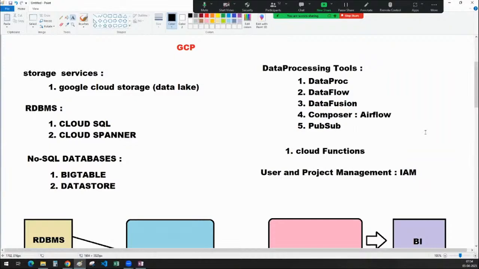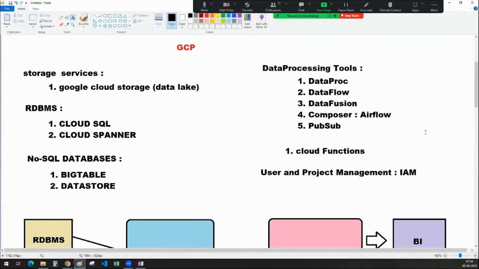In IAM, what is a user account, what is a service account, what is a role, what is a permission, each and everything, because this will be very helpful for those who want to manage access. With 3 or 4 years of experience or more, we need to understand at least who should have access to what, and what kind of actions they can do in that particular service. Unnecessarily we don't want to provide access to anyone, right?